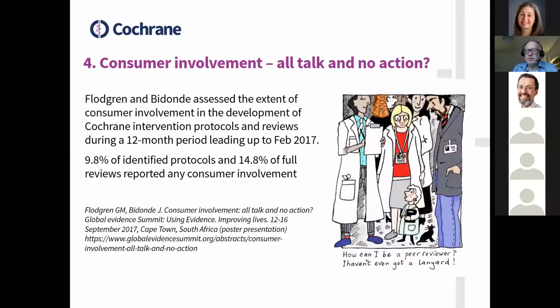What they found was quite sobering: just under 10% of Cochrane protocols that they sampled, and just under 15% of full reviews, reported consumer involvement. That's quite a small proportion. And only 40% of those that did report it gave any kind of description about what that meant. Now, it may be that people are getting involved and it's not being reported, but it may also show that, as their poster presentation said, there's an element of talk and not followed through in terms of action as far as we would like.